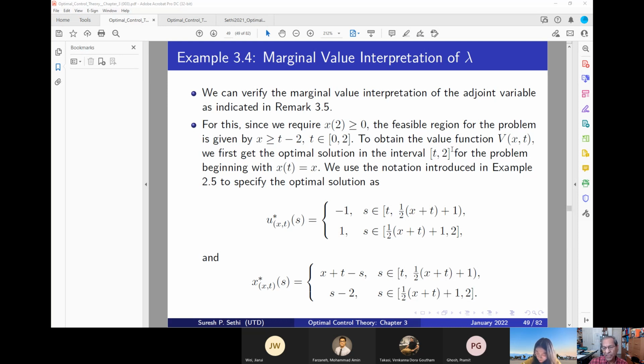What we usually do is, for any x, t pair for which there is no feasible solution, we set that equal to -infinity because we are maximizing. If there's no feasible solution, that's the worst it can get, and we just set it formally equal to -infinity. It only means there's no feasible solution.